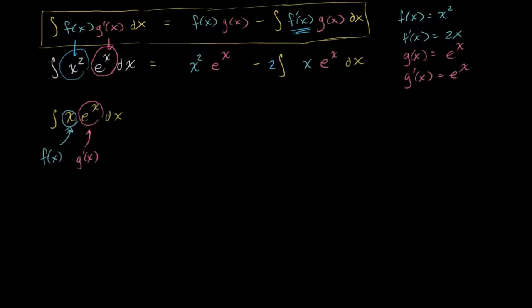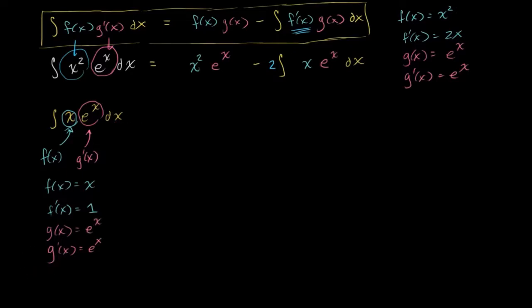So let me write it all down. F of x is equal to x. F prime of x is equal to 1. G prime of x is equal to e to the x. G of x, just the antiderivative of this, is equal to e to the x.